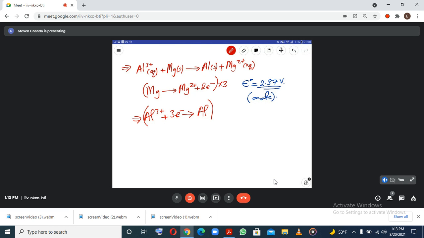Then to make 6 for the second reaction, you multiply by 2, right? When you multiply the 3 electrons by 2, you get 6 electrons, which then is going to be 3 magnesium. Then you're going to have 3 magnesium ions and 6 electrons, right?